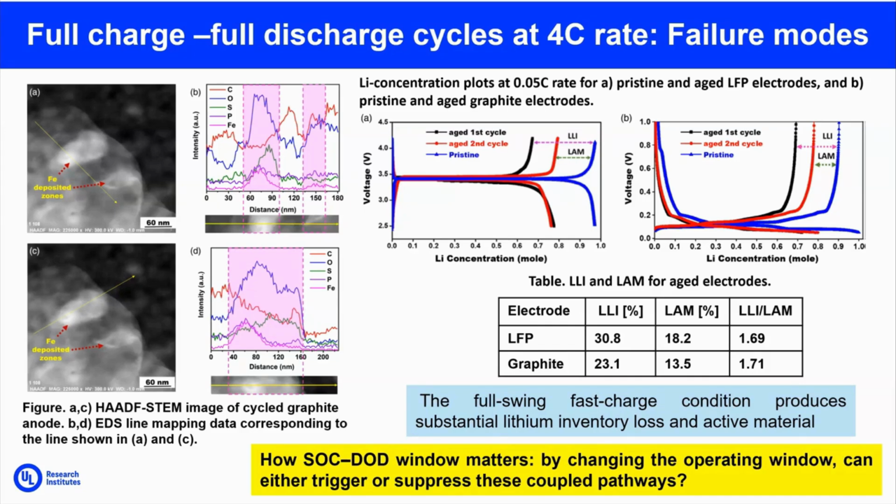So here two things. One is Fe acting as a catalyst, and the continuous SEI growth is happening by decomposing the electrolyte. The byproduct is gas formation.